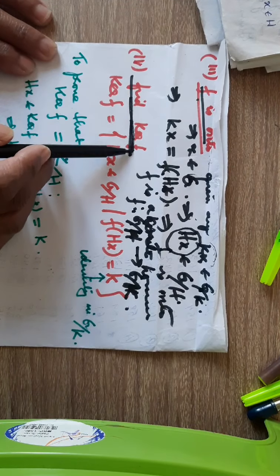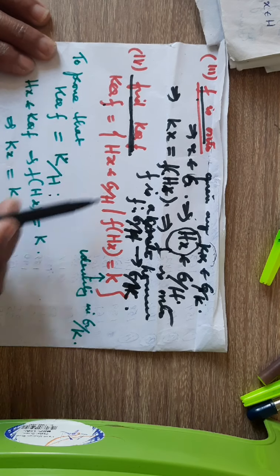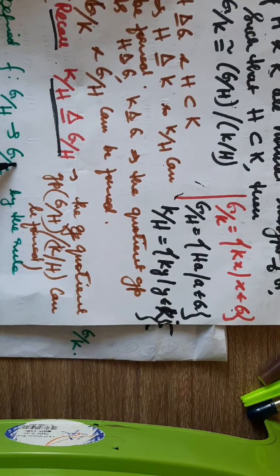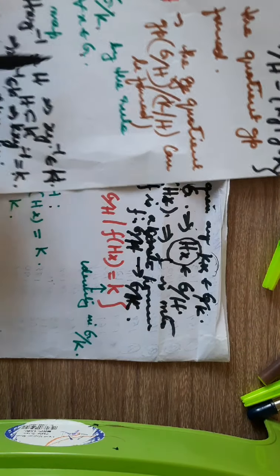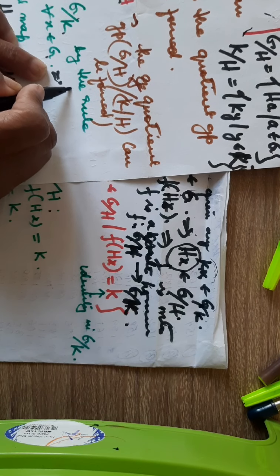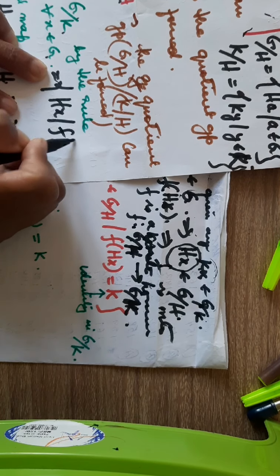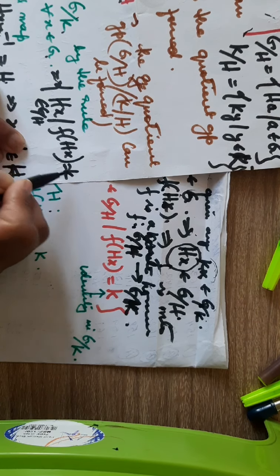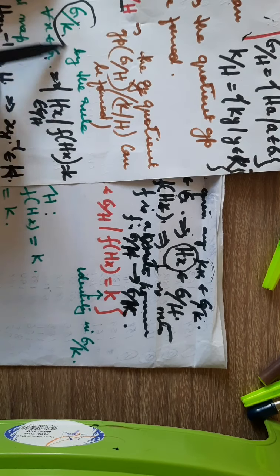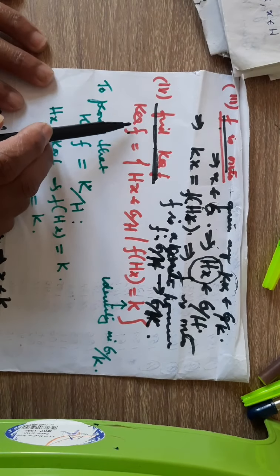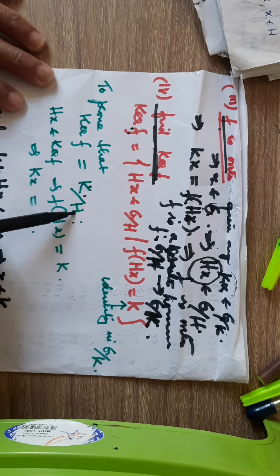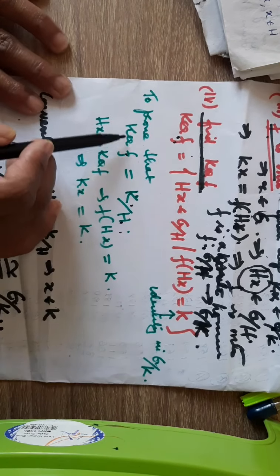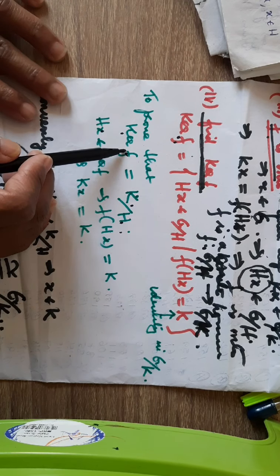So let us find out kernel of F. Kernel of F by definition, since it is a mapping defined from G by H to G by K, will contain those elements Hx belonging to G by H such that F of Hx is equal to K, the identity in G by K. So if I can prove that kernel of F is equal to K by H, then we can substitute it here. So for this, let us take an element Hx belonging to kernel of F.